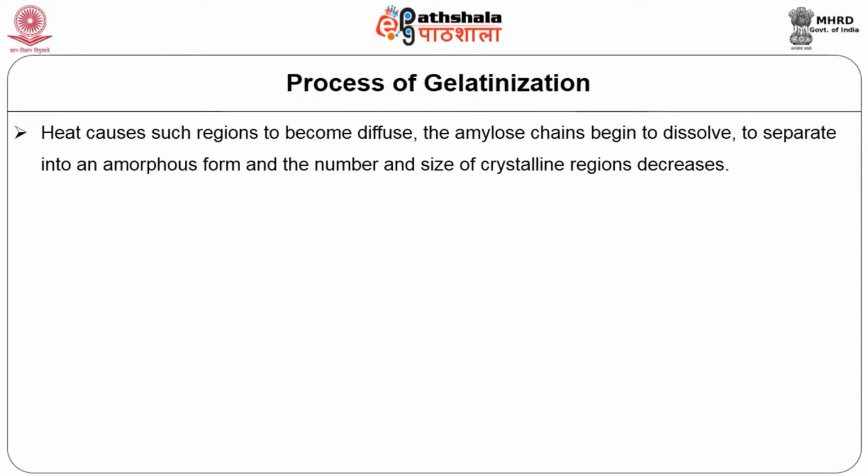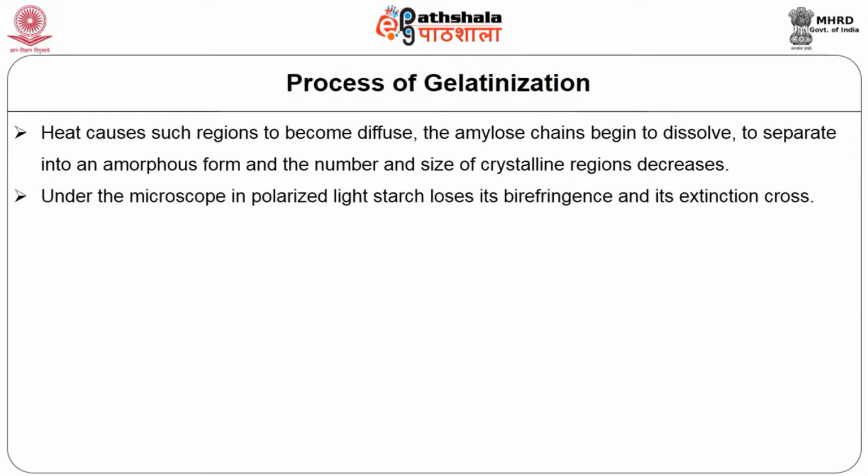Heat causes such regions to become diffuse. So, the amylose chains begin to dissolve, to separate into amorphous form, and the number and size of the crystalline regions decrease.